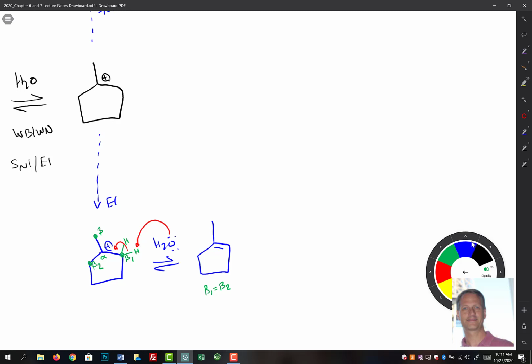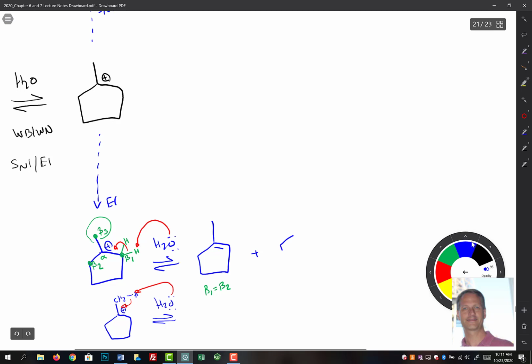And then the other thing that we can do is, if that's your beta 3, we could take an H off of that top carbon, and if we were to write that out down here below, that's your CH2 and an H there and a plus here. So in that case, your water would swing around and grab that H, and then bam, down here.